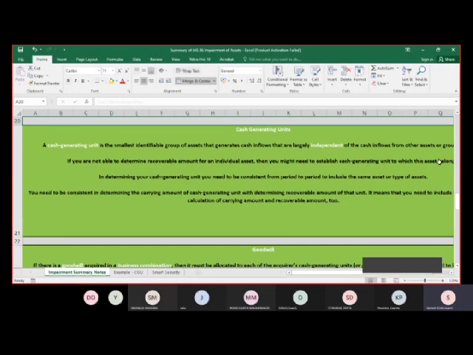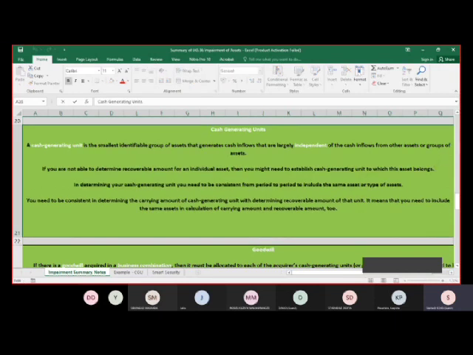In this case, that oven belongs to the whole business of selling pizza or of selling bread. So you will probably include the oven within the whole business and then impair the whole business and then allocate the impairment to individual assets, including that oven. In determining your cash generating unit, you need to be consistent from period to period to include the same asset or type of assets.